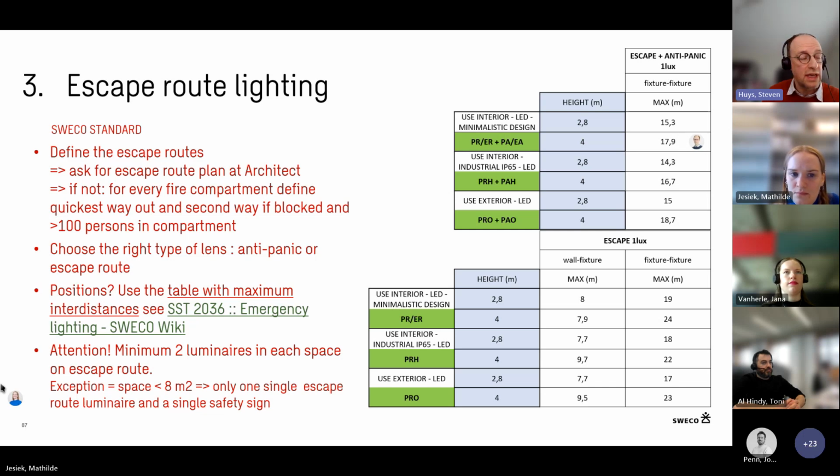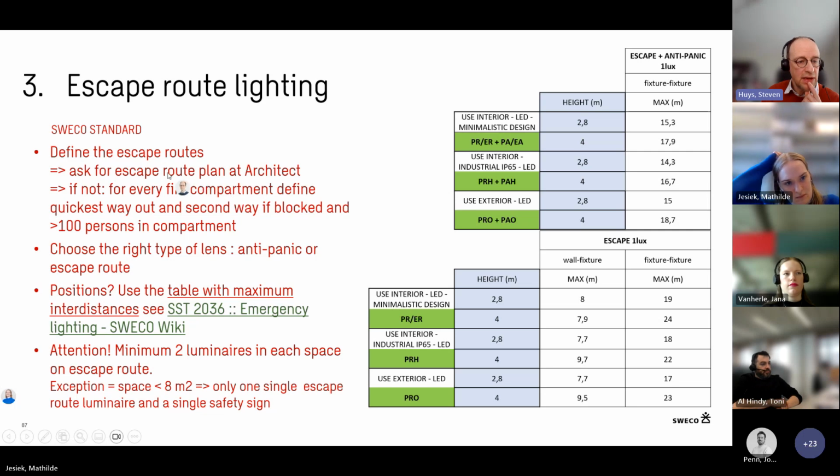I think the three manufacturers were Zemper, Zumtobel, and ETAP Lighting, the most used one here in Belgium. We took the worst one as a maximum. So here it is all listed. You can look at it on the SharePoint and on the wiki pages. It's stated here also: at the wiki page of the Sweco standards for emergency lighting, you have a link to those tables.